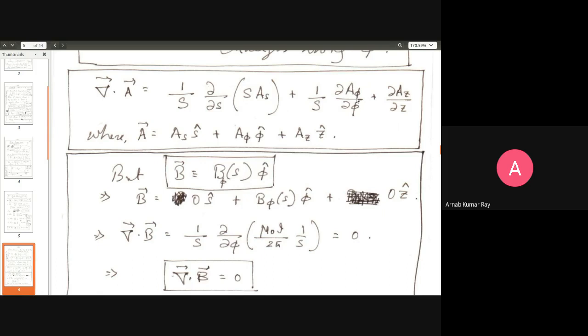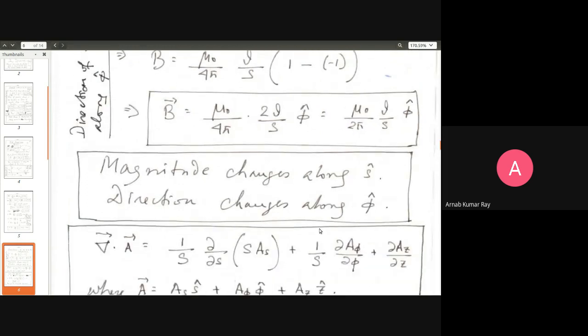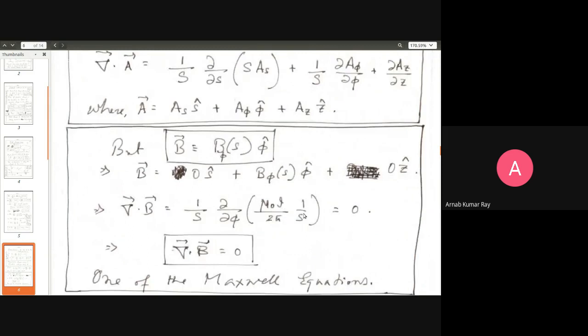And A phi is the magnitude part of B. I've written it in terms of a general vector A. So that is mu naught I by 2 pi S. Now, there is no phi inside here, so del del phi of this quantity will be zero.